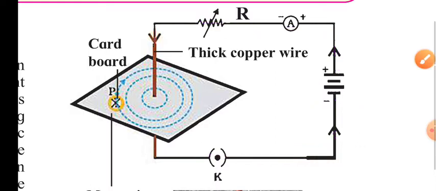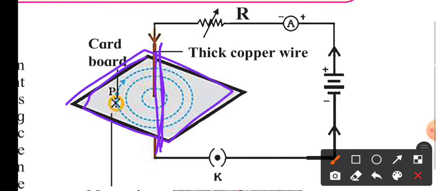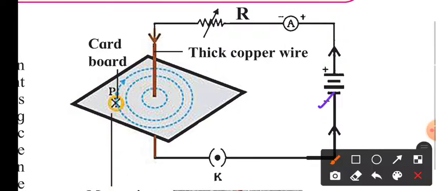If you look, this conducting wire is passing through the cardboard. This is the cardboard, with a hole at the center, and the wire is passing through it. Once we switch on the power supply, we get concentric circles of iron filings on the cardboard.